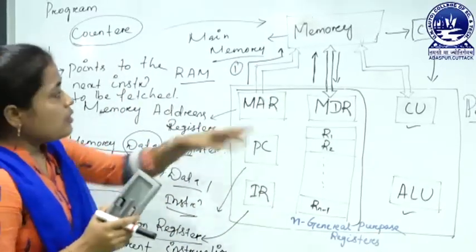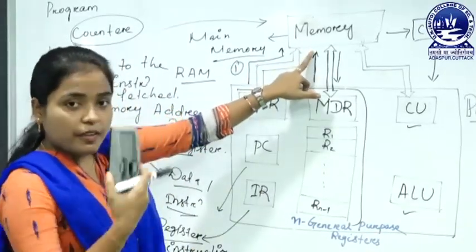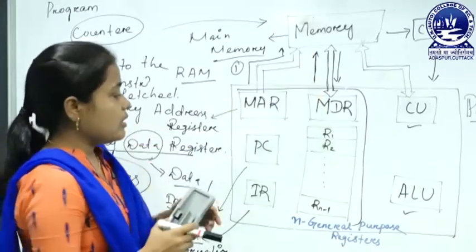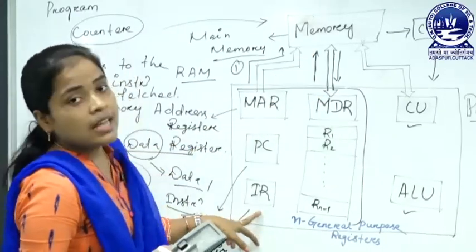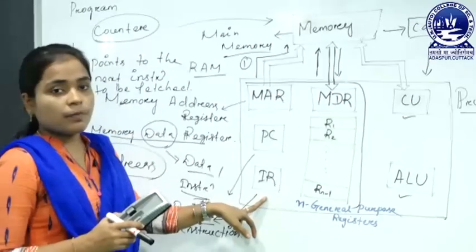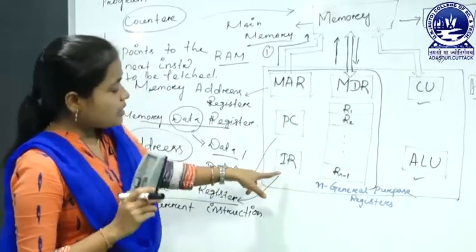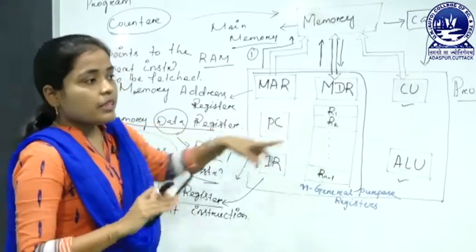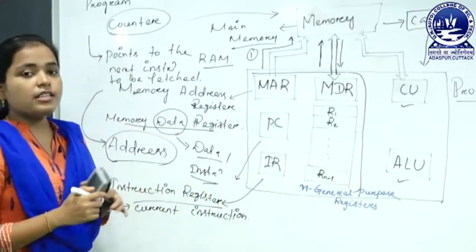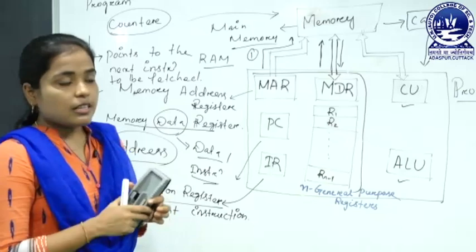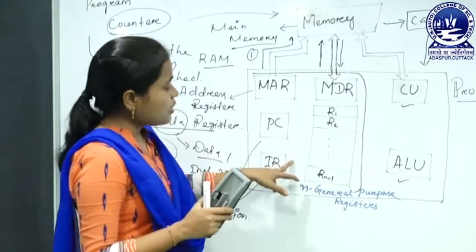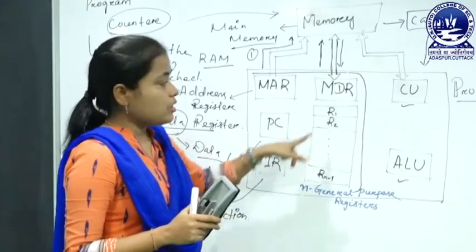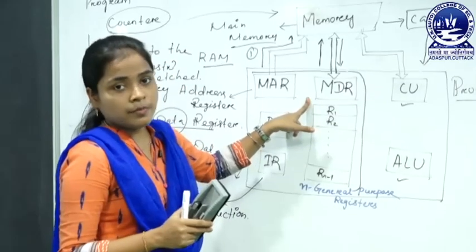Then from memory we fetch that instruction, and it is stored in the IR, the instruction register, and one copy of that instruction is also stored in the MDR, because the instruction may need some data further. That is why we store a copy of that instruction in the memory data register.